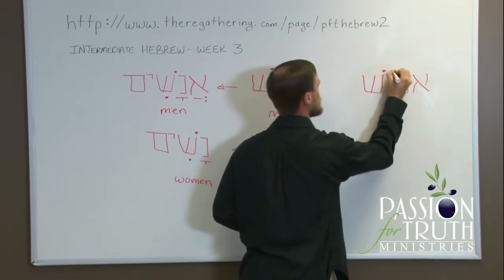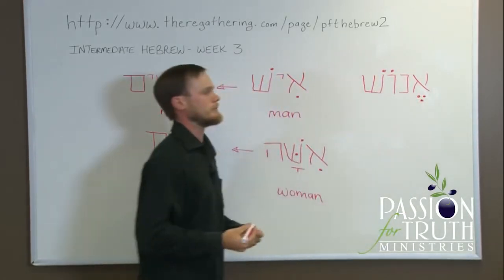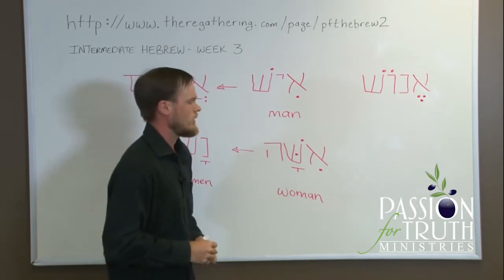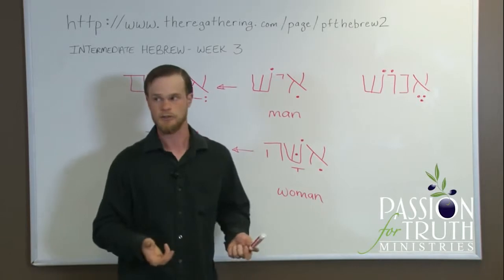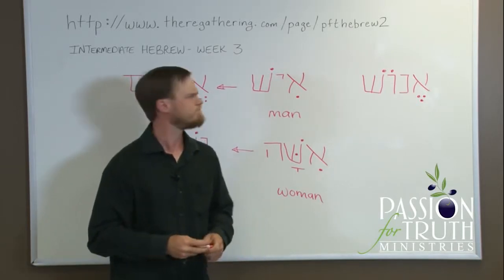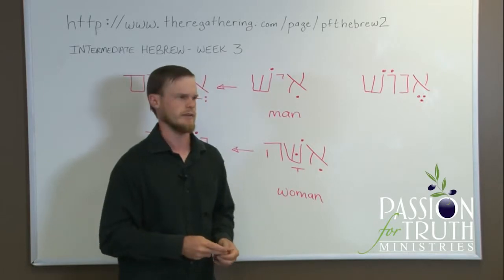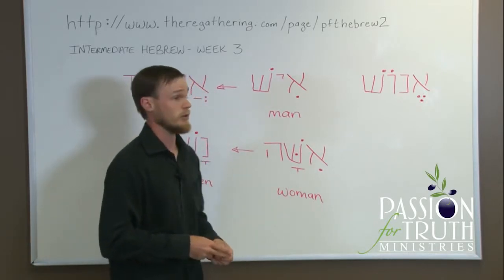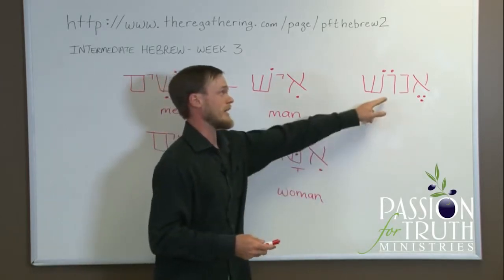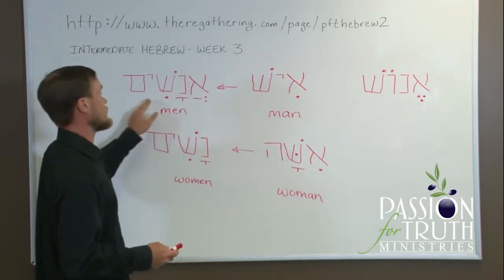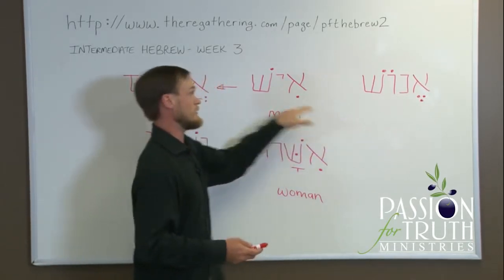Enosh is actually the name of someone in Genesis, in the first genealogy given there. It might be Seth's son, or maybe his grandson. But very early on, one of the very first people is named Enosh, and it means man. So it's thought that perhaps this Anashim is hailing back to this other word for man instead of Ish.